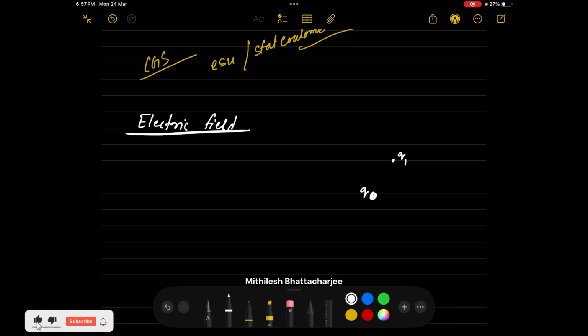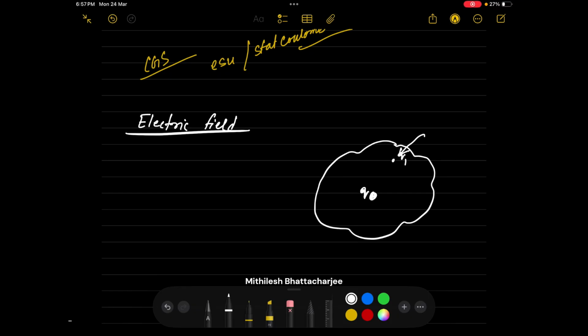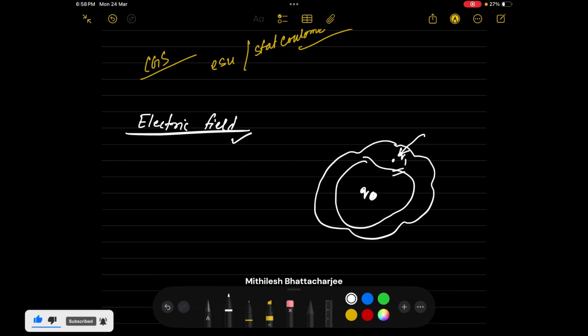Means there is a region of space around a charge where if we put another charge, this charge will experience a force. So this region is known as the electric field.